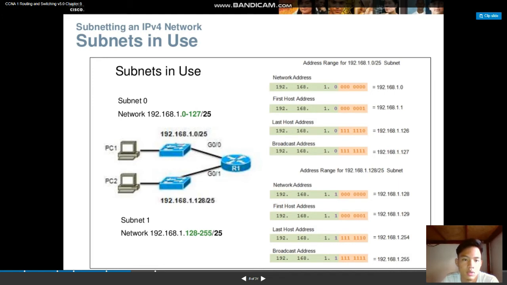So subnet 0 is the network 192.168.1.0 to 127/25, and subnet 1 is the network 192.168.1.128/25. So there's subnet 0 and subnet 1.